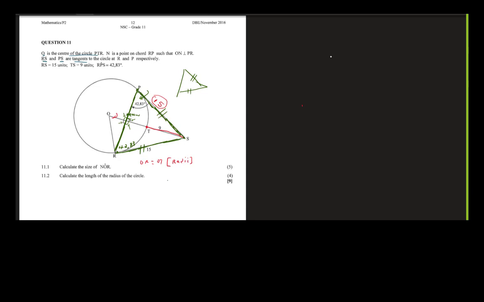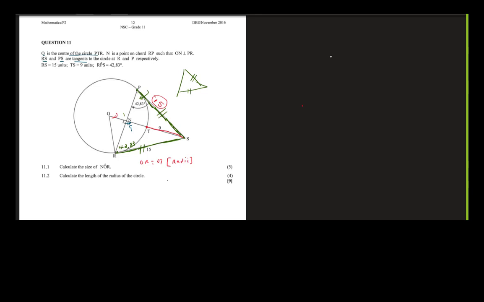Why am I saying they are 90s? Why is this angle here 90?